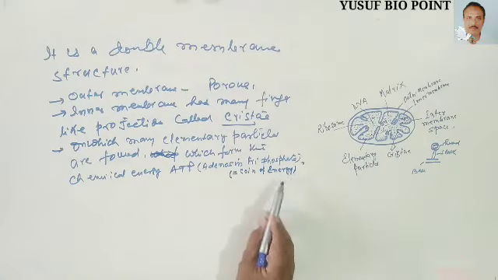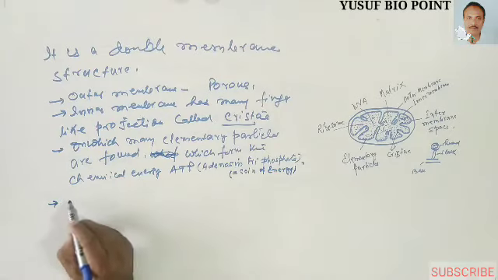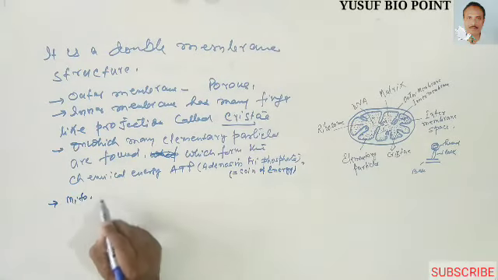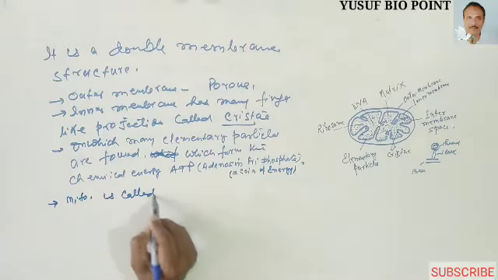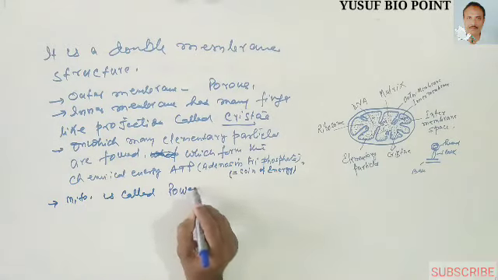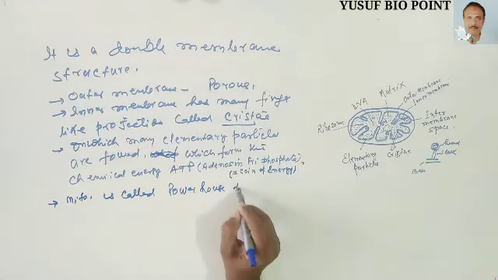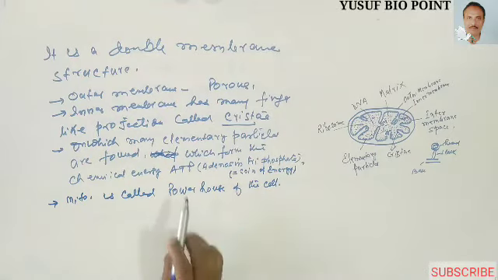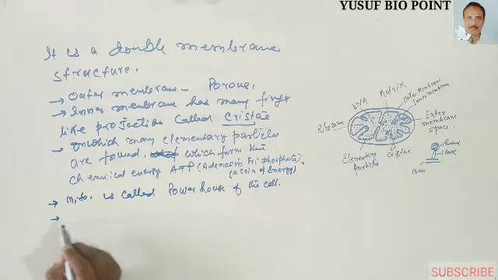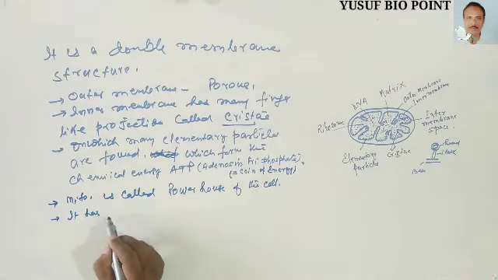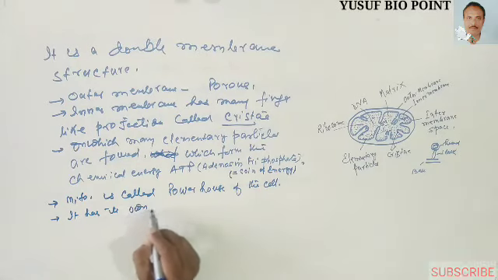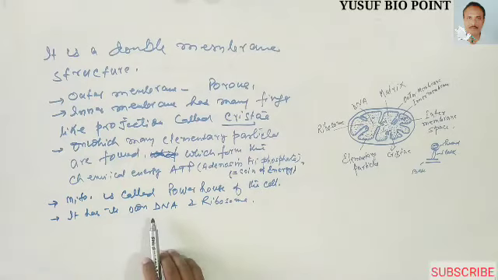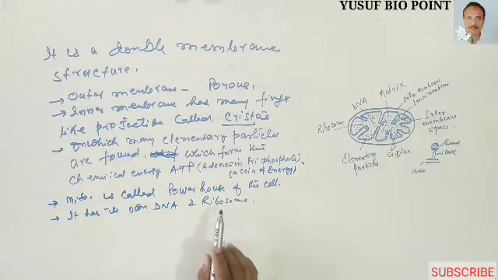It is a form of energy, and that's why mitochondria is called the powerhouse of the cell, because it forms a lot of energy in the form of ATP. So that's why it is called the powerhouse of the cell. It has its own DNA and ribosomes, and due to the presence of ribosomes it can make its own protein.